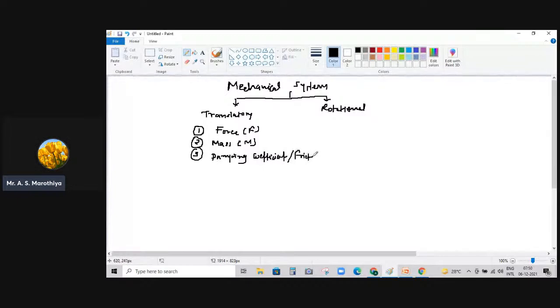They are nothing but the same thing, indicated by symbol B. Then we have spring constant, indicated by symbol K.